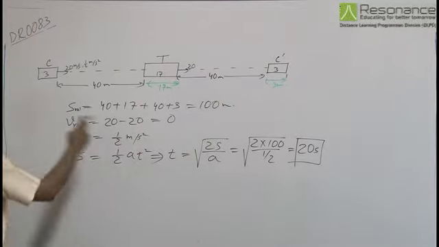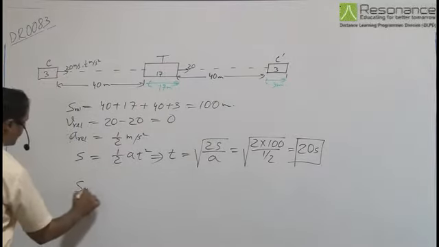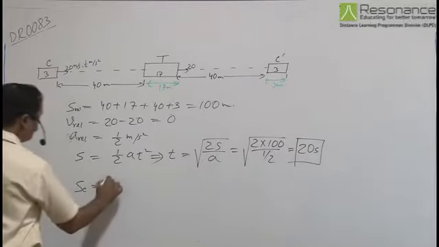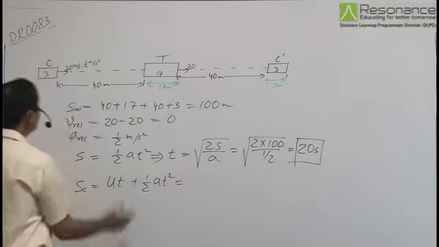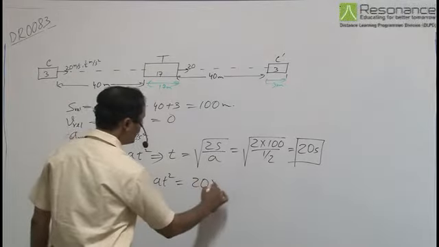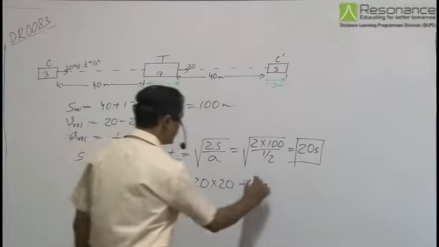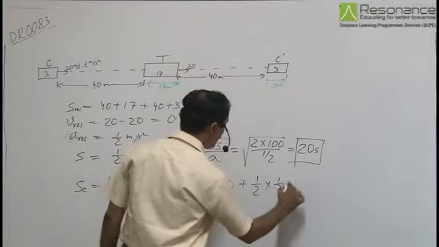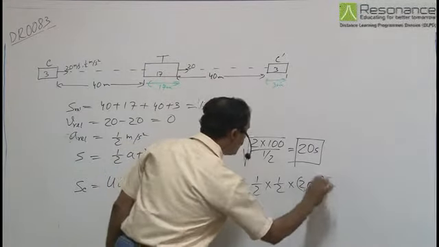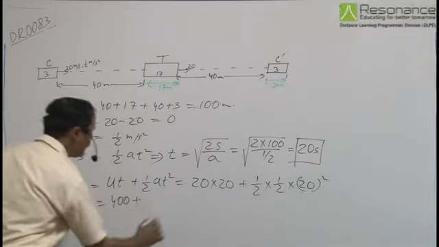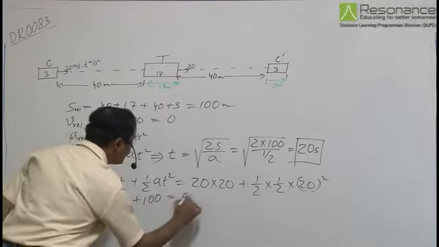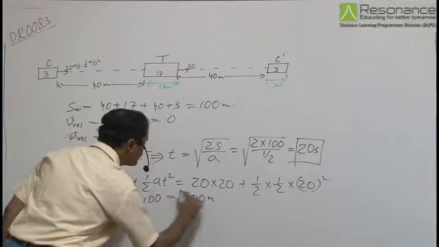Within this 20 seconds, distance traveled by the car is equal to ut plus half at squared, that is equal to 20 into 20 plus half into 20 squared. So it is 400 plus 100, or 500 meters.